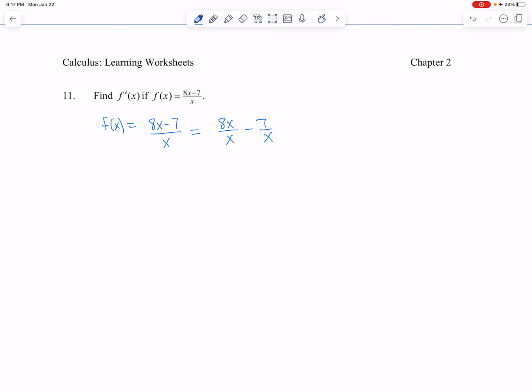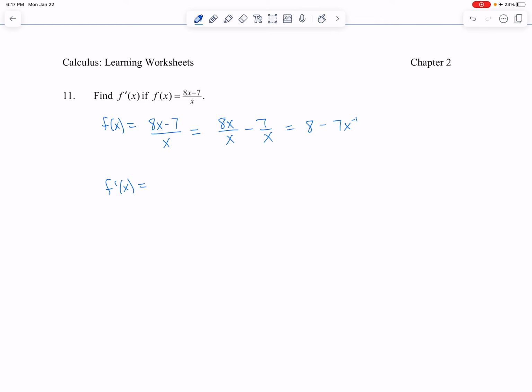And 8x over x is 8. 7 over x is 7x to the negative 1. Remember those exponents. Well, this is a lot more feasible to find f prime. Later we'll figure out how to do rational functions like that, but right now, just using the properties we know, we want to rewrite it.